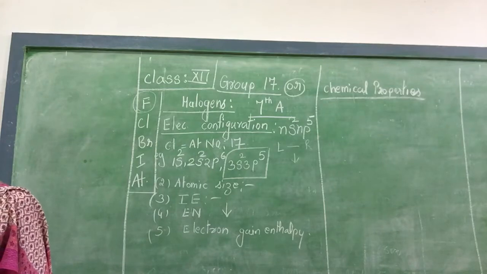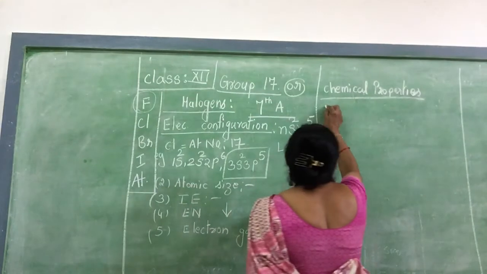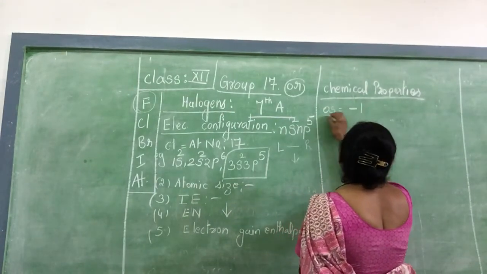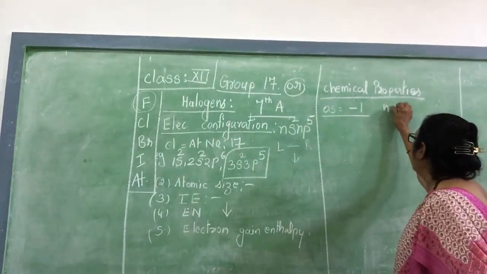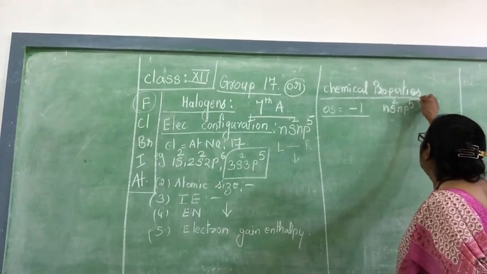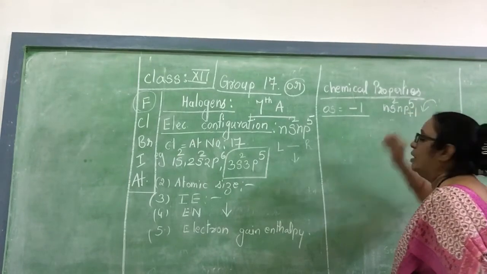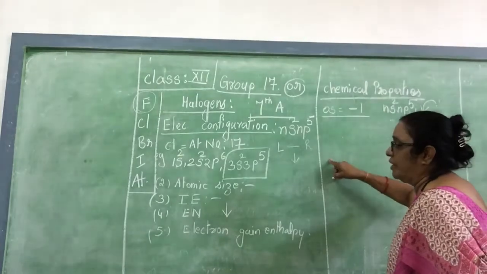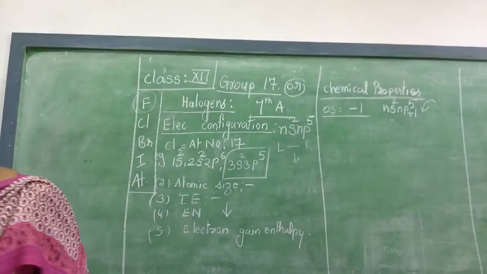All the elements have -1 oxidation state. What is the reason? Since they have ns2 np5 configuration, they gain 1 electron to complete the octet state. Clear, children?